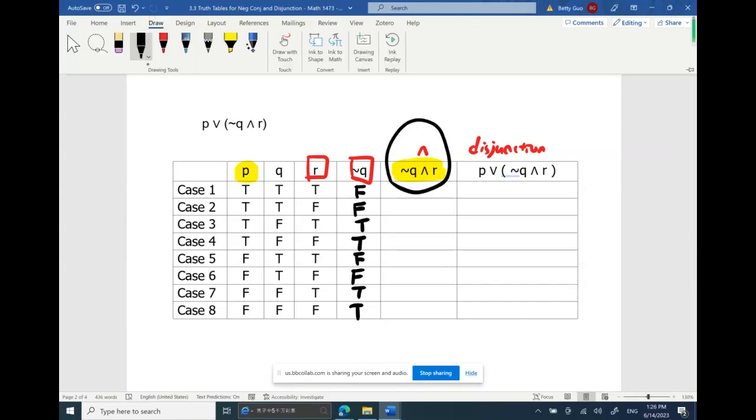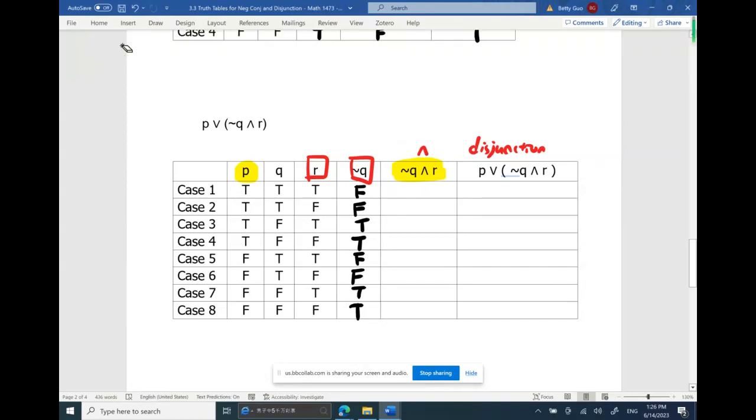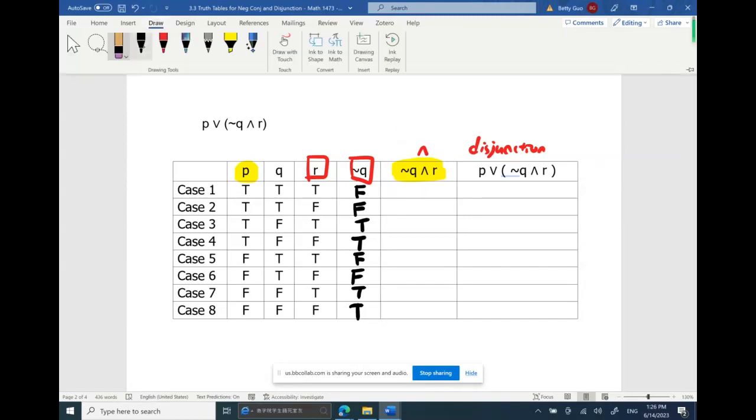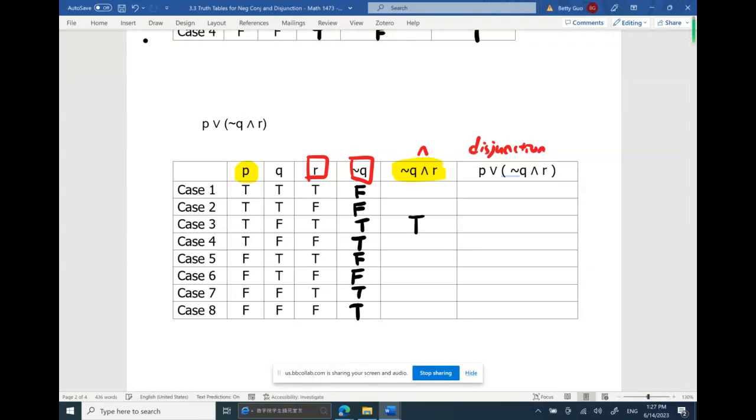All right, truth value for that conjunction. What's the sentence I made you memorize for the conjunction? For the conjunction to be true, both pieces have to be true, right? Yeah, the red boxes, those are the two pieces. They happen to be right in front of the yellow, not Q and R. Case 3, both of them are true.